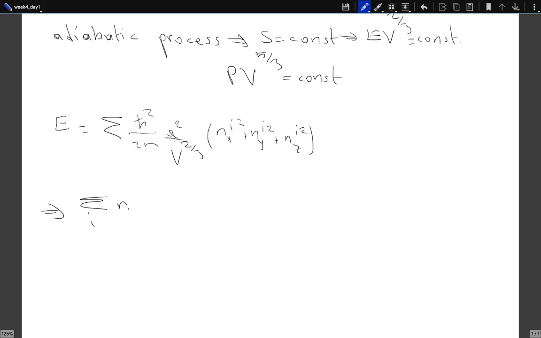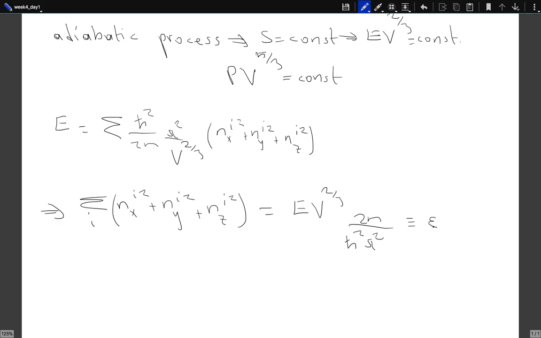Sum over i of nxi squared plus nyi squared plus nzi squared should be equal to E times V to the 2/3 times 2m over h bar squared pi squared, let's just call it epsilon. So how many solutions does this have for integer nx, ny, and nz?